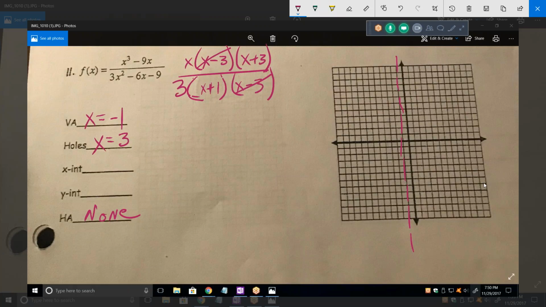So to figure out what the oblique asymptote is, the easiest way, rather than dividing this quadratic into that cubic, is to divide the new equation. In other words, we're going to divide 3x plus 3 into x squared plus 3x.